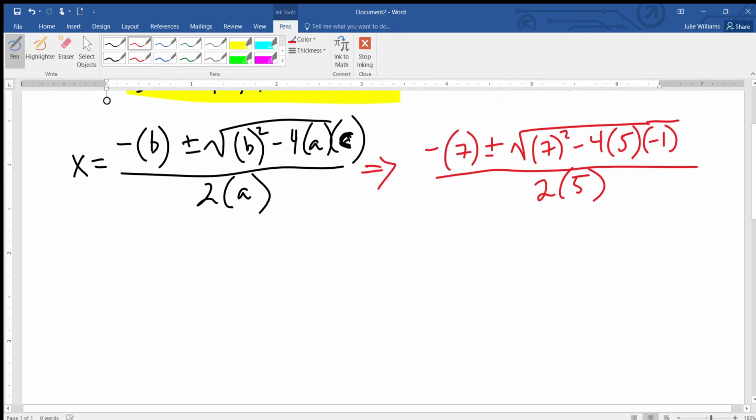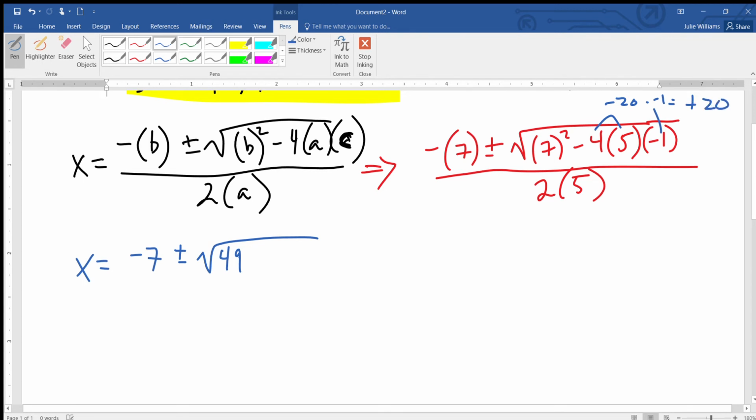Now let's use blue for the next step, which is going to be a little bit of simplification. So now I know x is equal to negative 7 plus or minus. I know that 7 squared is 49. Then I could do negative 4 times 5, which is negative 20, and then negative 20 times negative 1, that's positive 20.